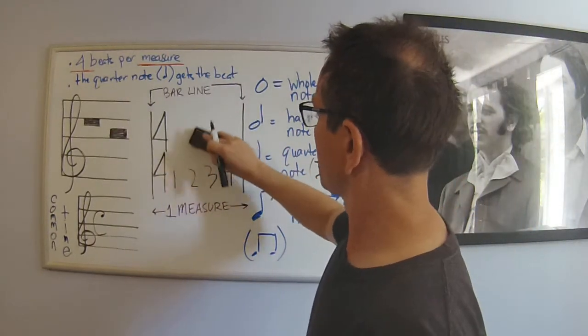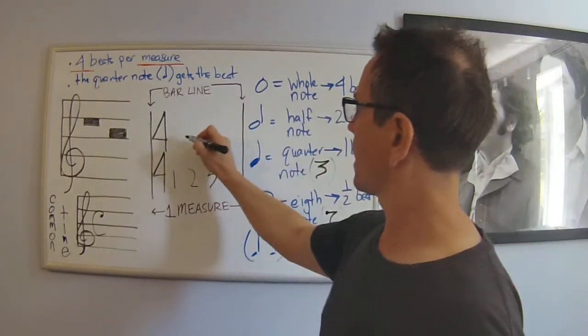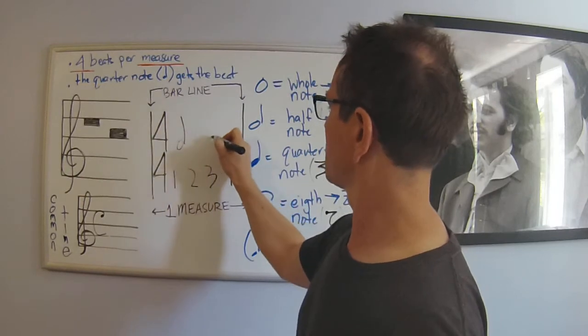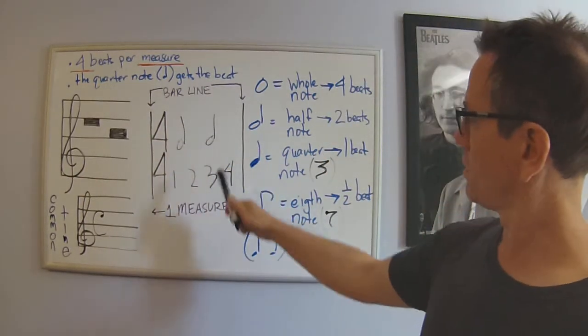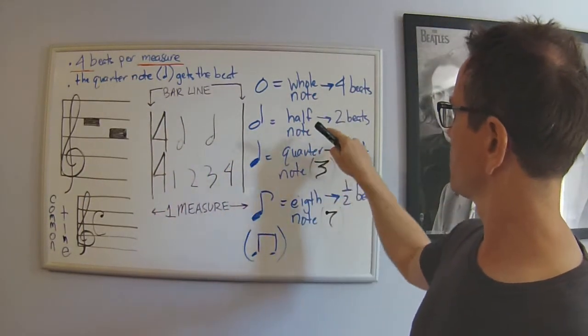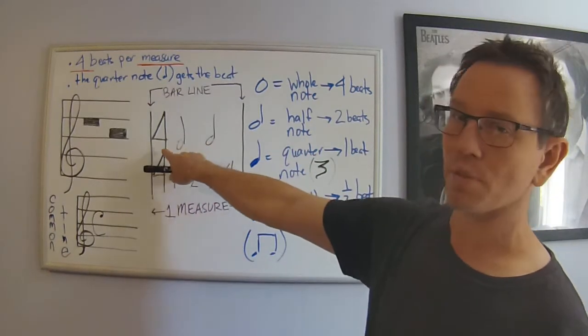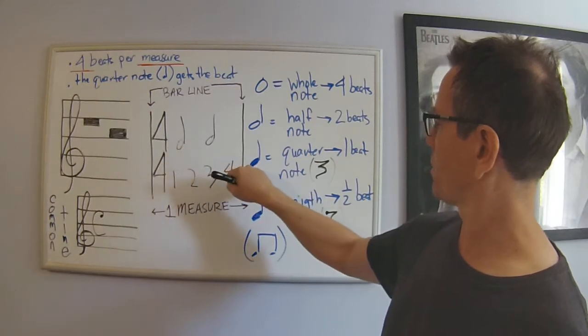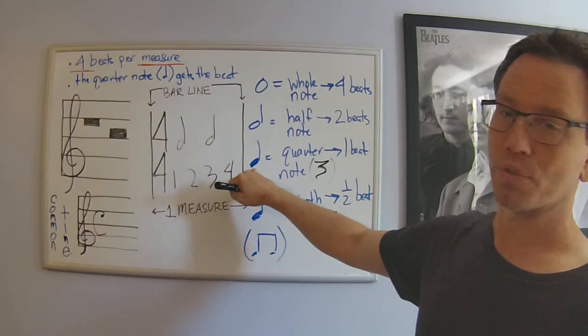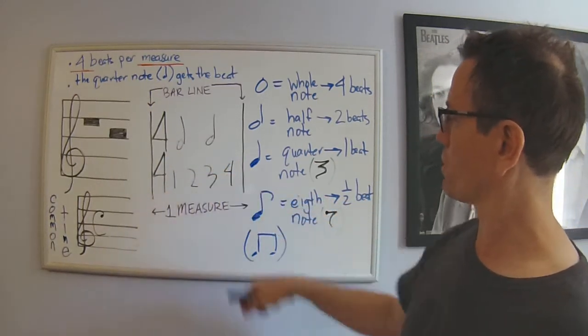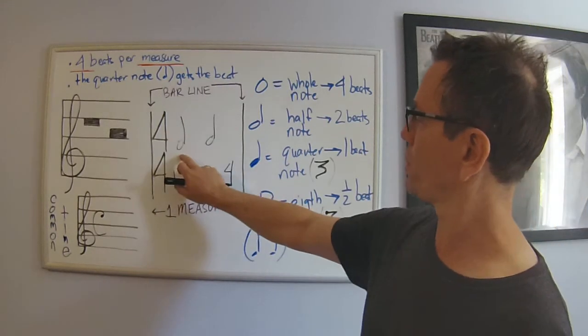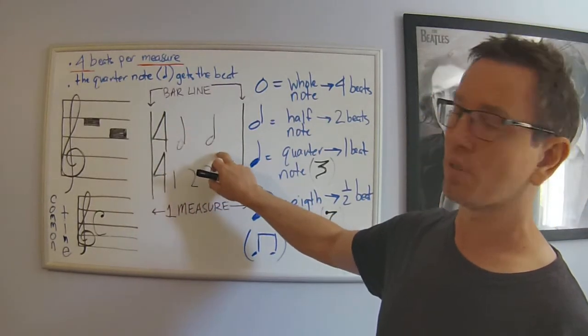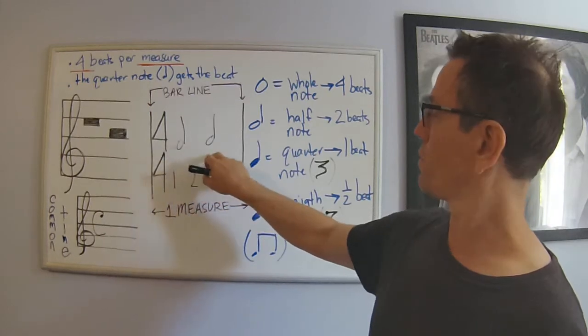If you see 2 half notes, each one gets 2 beats. 2 beats, 2 beats adds up to 4. A half note is made up of essentially 2 quarter notes. So your 4 beats are represented. So this would be 1, 2, 3, 4. 1, 2, 3, 4.